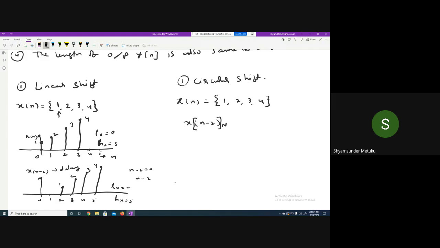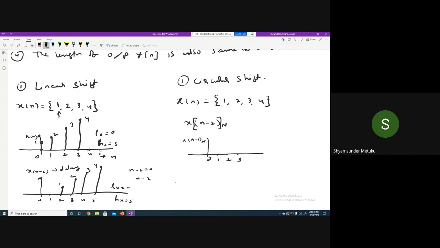Now let me come here. It is given by, whenever the representation is with square brackets and base is capital N, try to remember what you said just now. So before shifting, at 0, whatever value is available, if I am just trying to first find x of n minus 1 base capital N, so only one time delay.